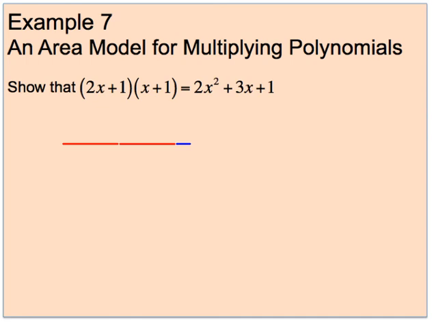Now since area is length times width, we want to set this so that the opposite is also true. Okay, so hopefully you can see what I've done here. I've set up a rectangle so that one side of the rectangle is 2x plus 1.